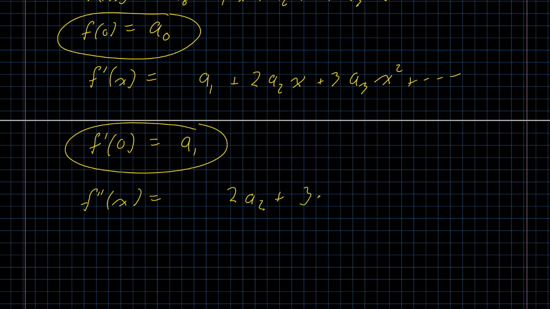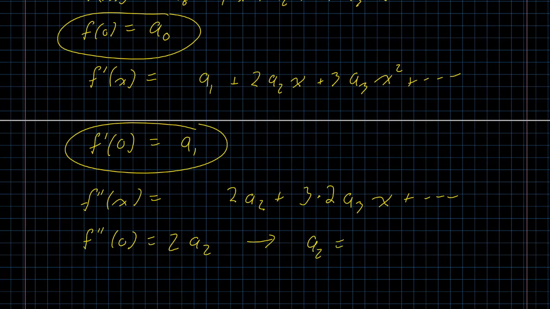For the sake of explaining the pattern, I'm going to write that as 3 times 2. I know that 3 times 2 is 6, but it's worthwhile to have that as a pattern. So that f double prime of 0 is equal to 2a2, which means that a2 itself is f double prime of 0 divided by 2.